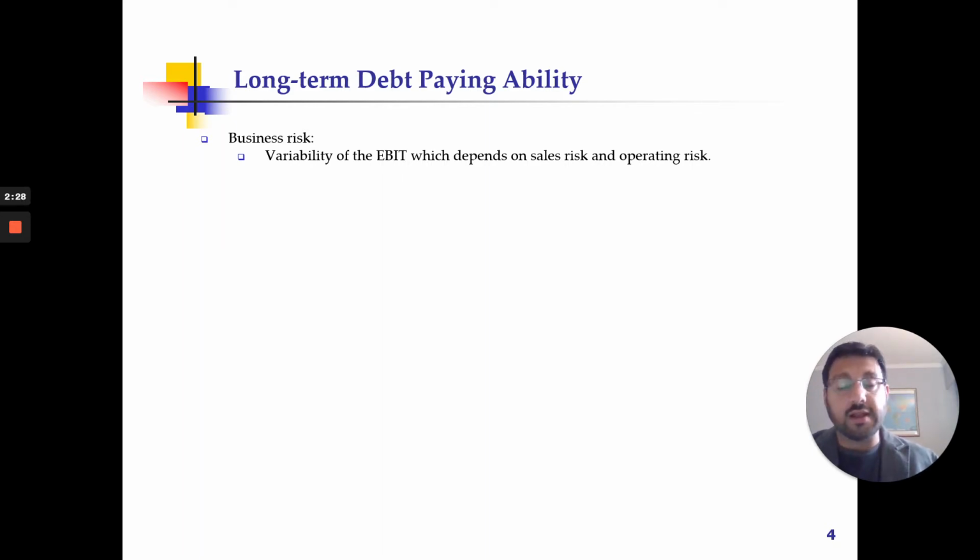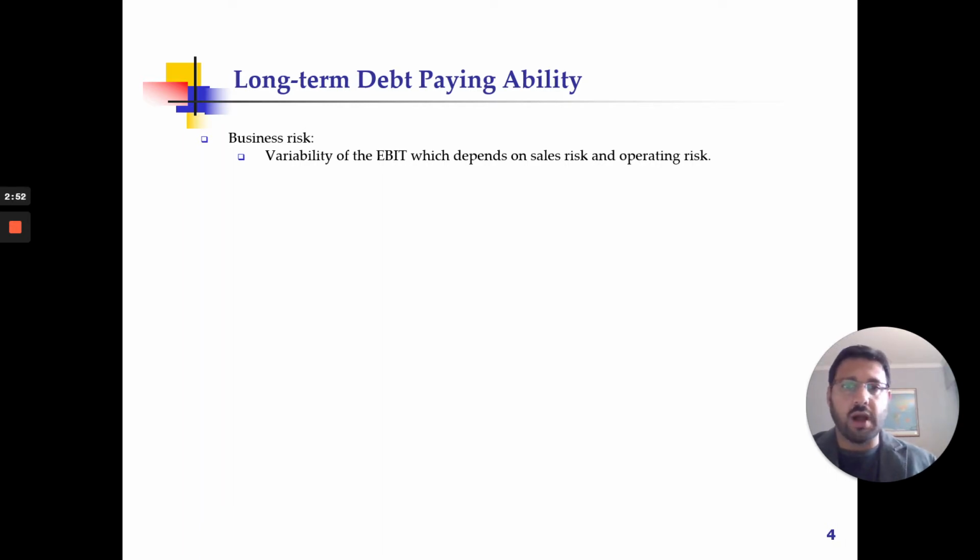But there is a concern of business risk, and the sources of the business risk are two risks: the sales risk and the operating risk. Sales risk, when you are in a cyclical industry where there is a lot of seasonality, there is a lot of risk to the sales as well.